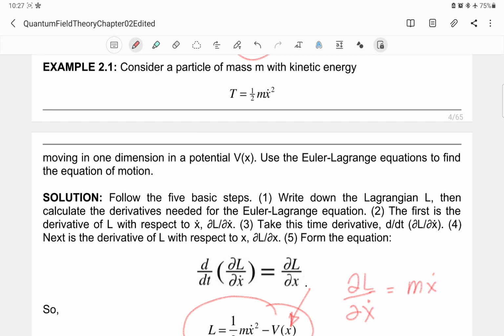Here, the potential is not a function of x dot, only x, only the space. We'll use the Euler-Lagrange equation to find the equation of motion of this particle with mass m. We follow the 5 basic steps: write down the Lagrangian, calculate the derivatives, and then form the Euler-Lagrange equation to get the equation of motion.